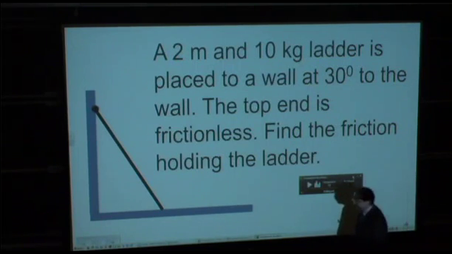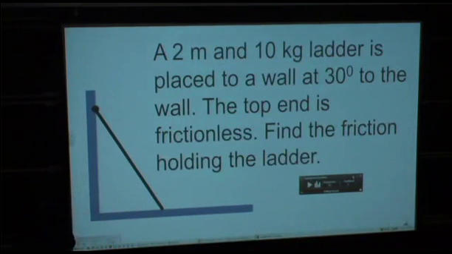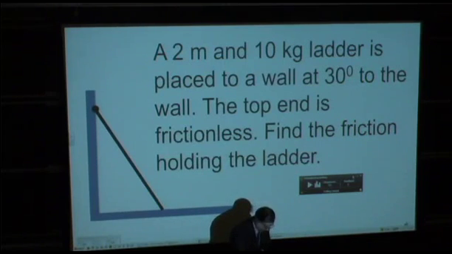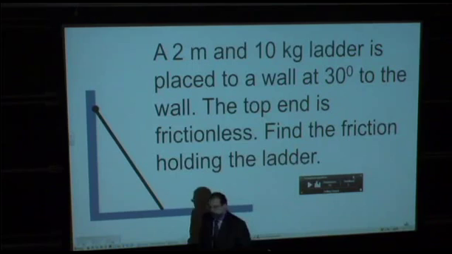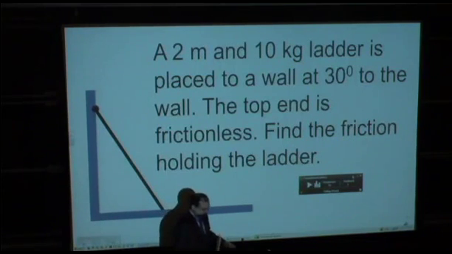This is a ladder, and in general there is a person which might walk up or down this ladder, and if we had no friction at all acting on it, it wouldn't stick. It wouldn't be possible to keep it in equilibrium.